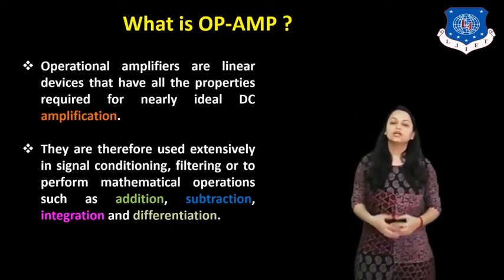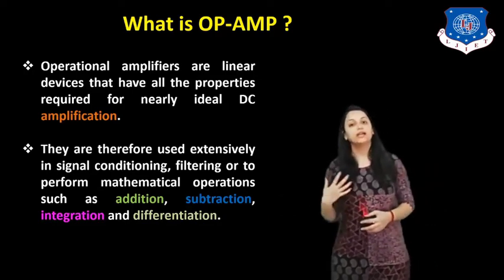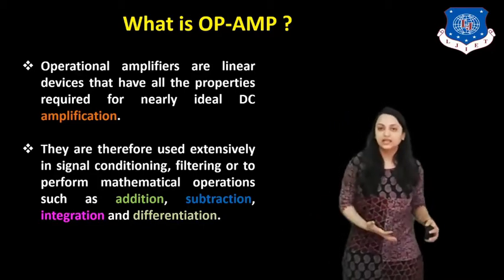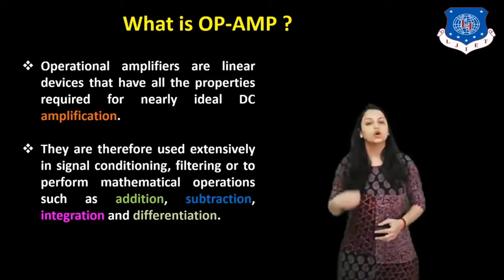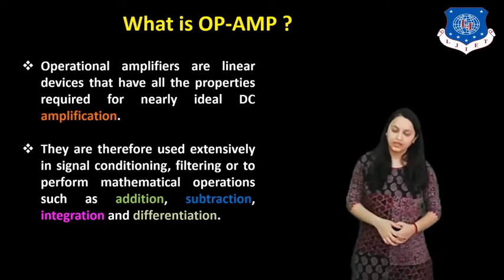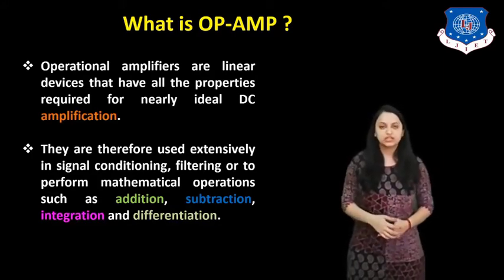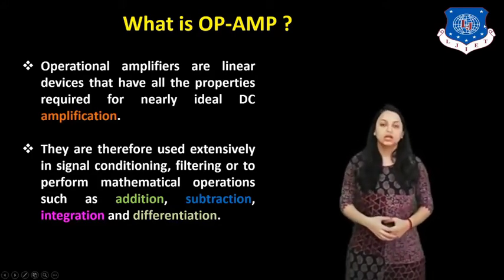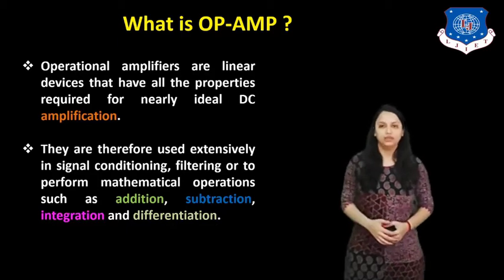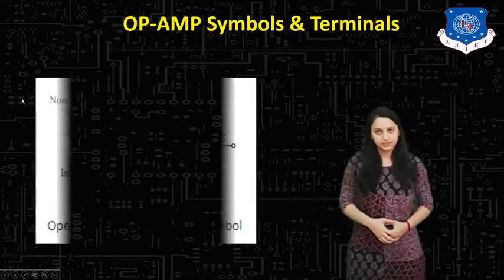There are various ICs available which can perform this variety of operations. We can use a single IC and use the components in such a manner that gives us the desired applications.